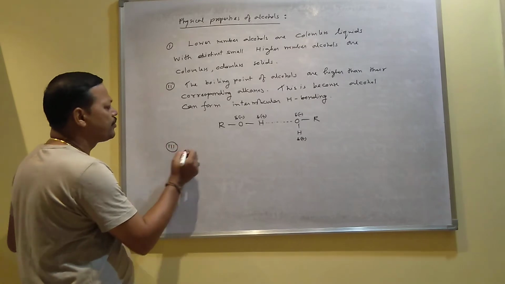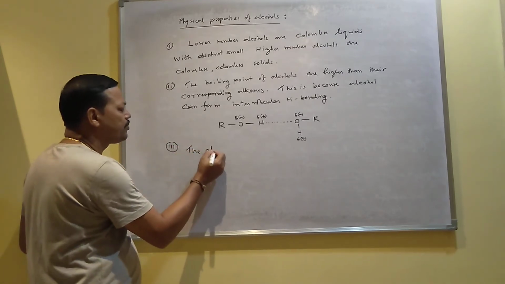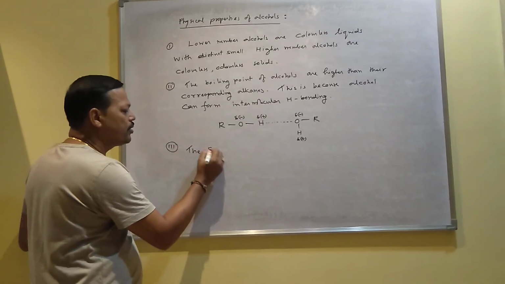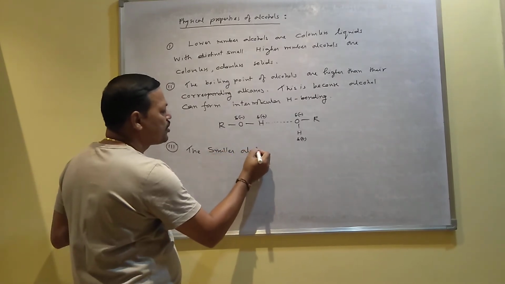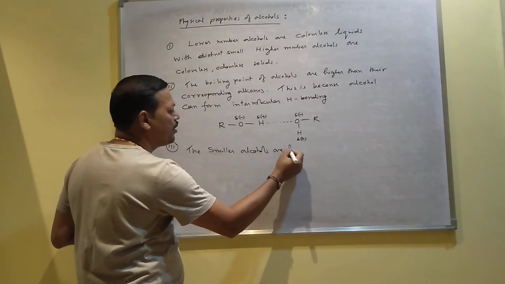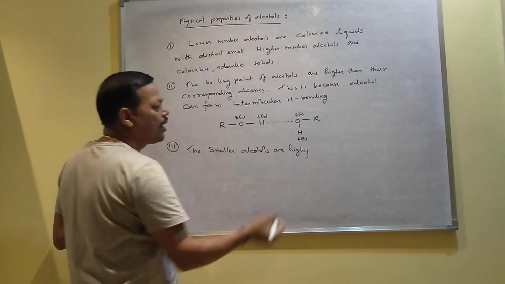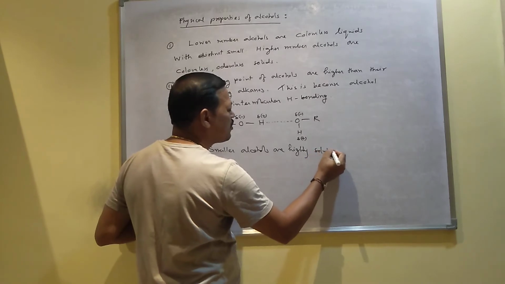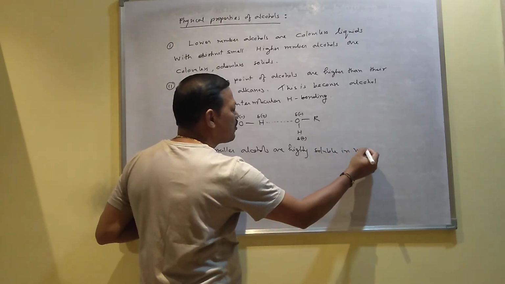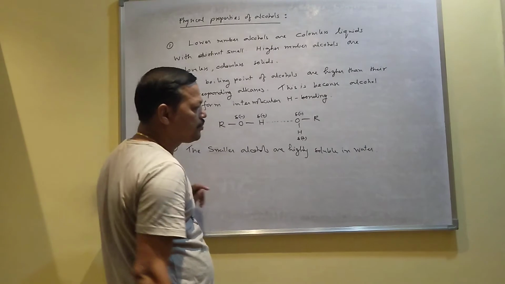And number 3, the smaller alcohols are highly soluble in water.